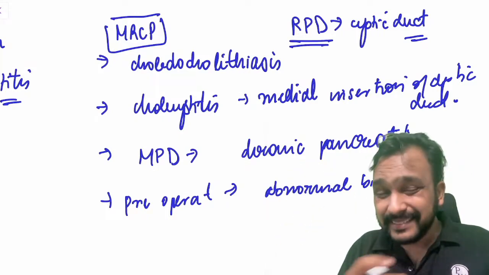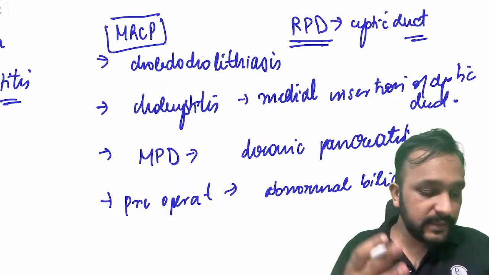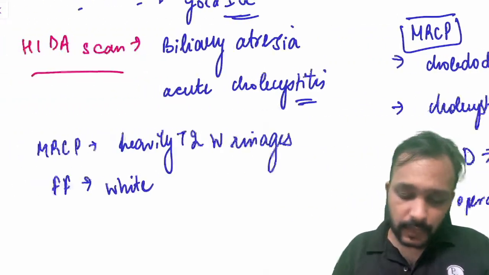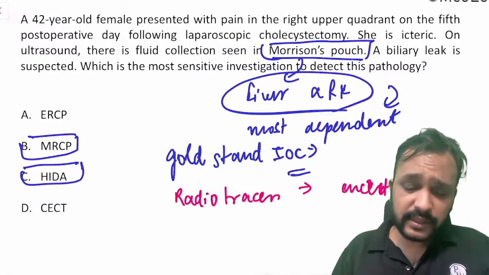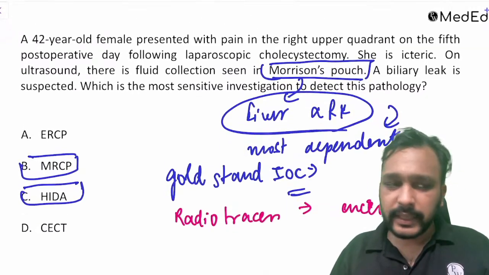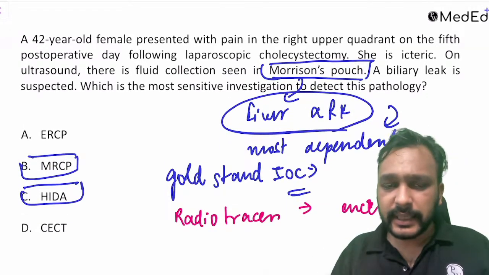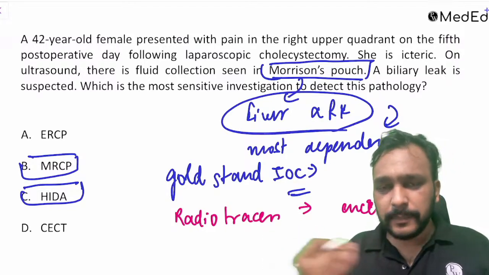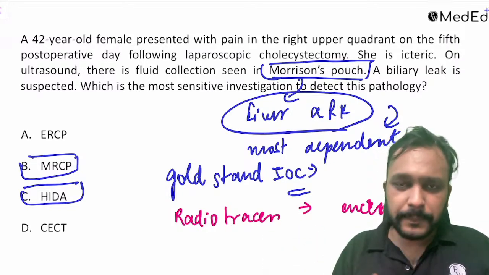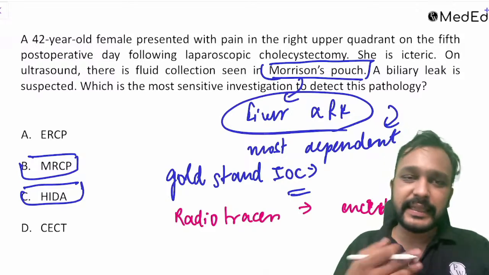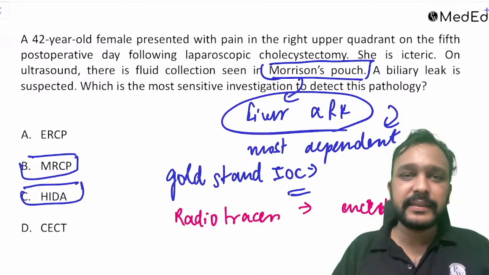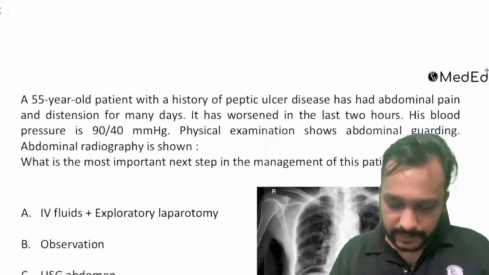In this case, you have to mention this abnormal biliary anatomy to the surgeon, because while operating he can injure the CBD or the biliary tract of the patient, and that can result in leakage of bile and fluid collection, right?